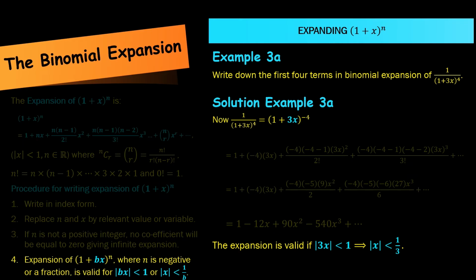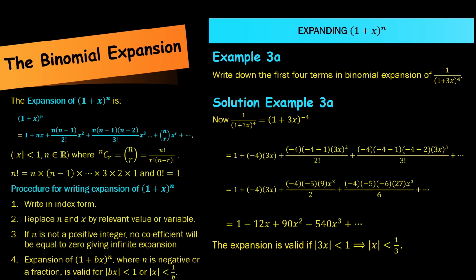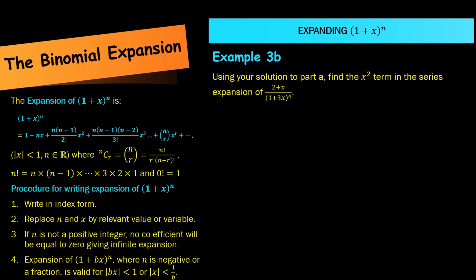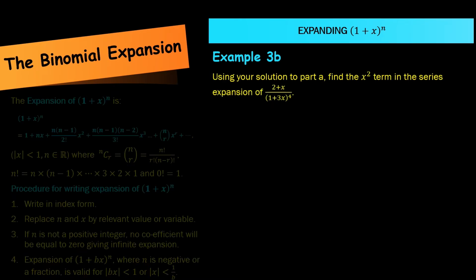In other words, when mod x is less than a third. Now let's take a look at part B. We are required to use our solution to part A to find the x squared term in the series expansion of 2 plus x all over 1 plus 3x to the power 4.